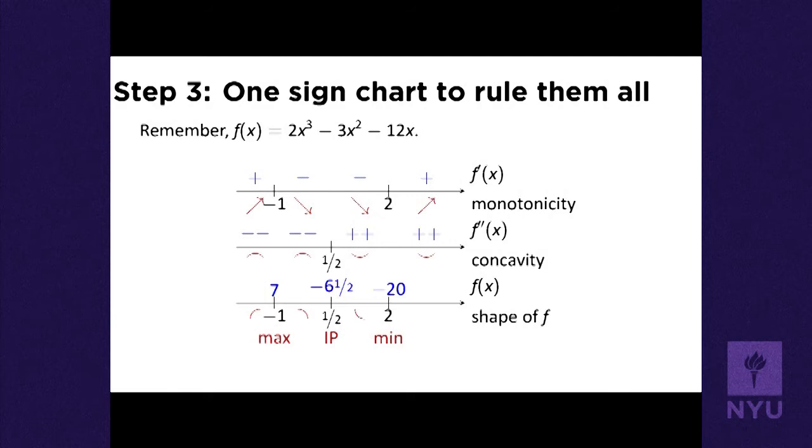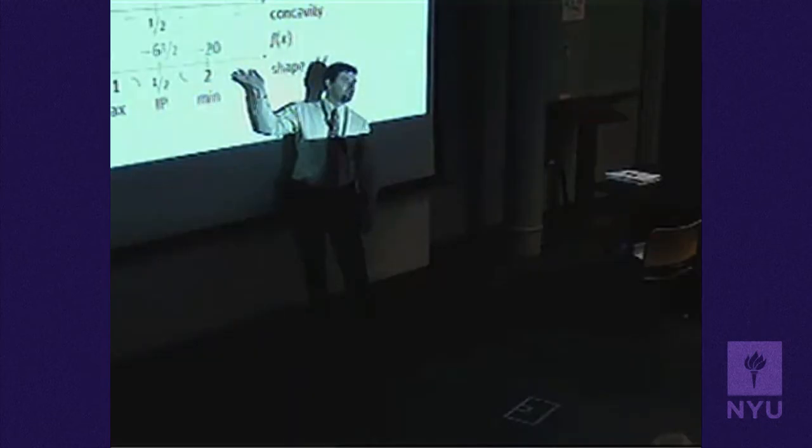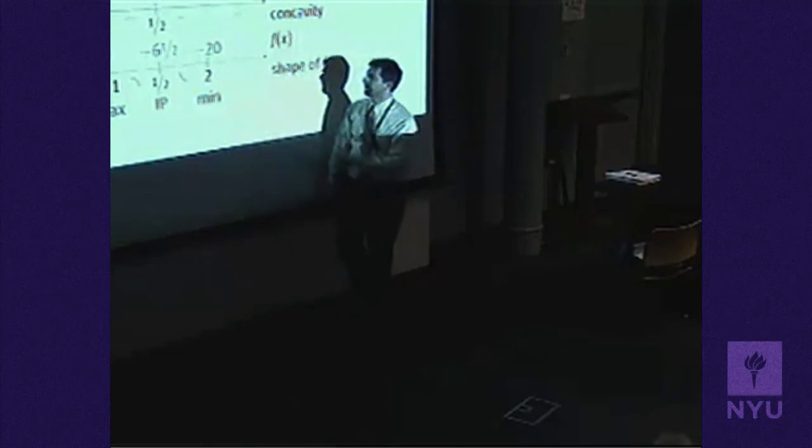In between 1/2 and 2, still decreasing, but now concave up. So it'll look like that. Decreasing, but concave up. And finally, after 2, the function is increasing and concave up. So which quadrant are we talking about now? The fourth quadrant. There we go. Okay.